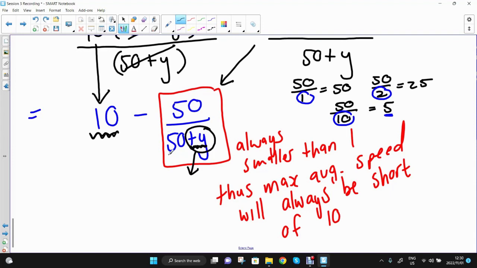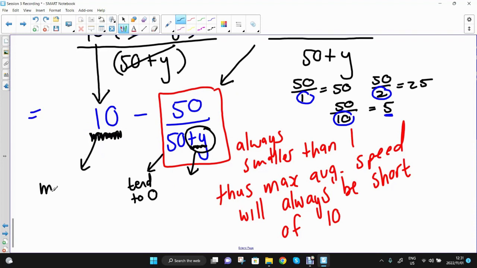That means that this whole fraction is going to tend to 0. It won't be exactly 0, but it will be very, very close to 0, which means that your maximum speed will actually never be 10, if you think about it, but it can become very close to 10.